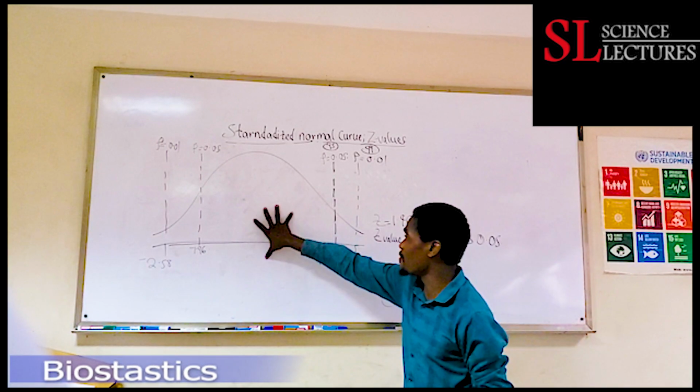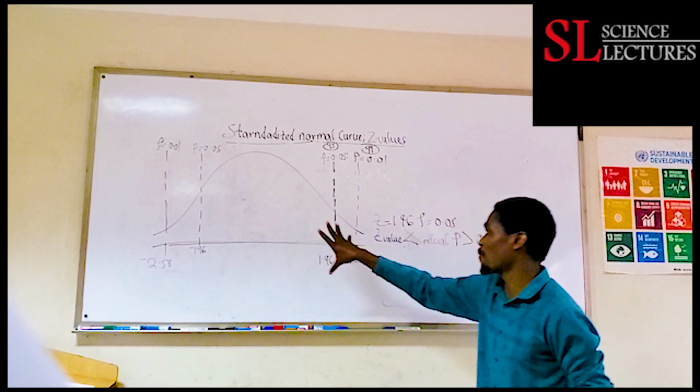So if we get a value in the acceptance region, P is greater than 0.05.